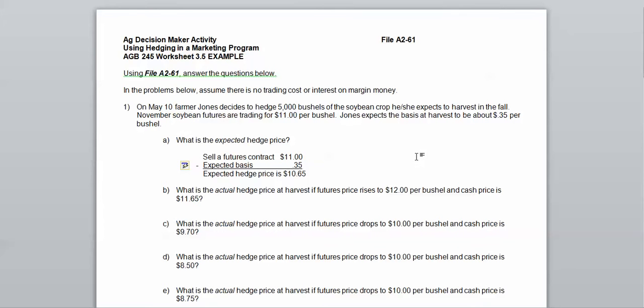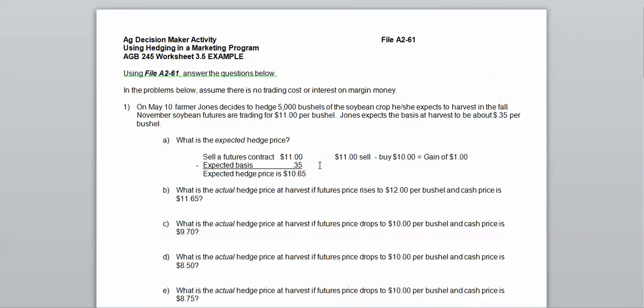Now, why is this the case? Because if we had sold a contract for $11 a bushel, and let's just say we have to buy it back later, let's say futures price goes down to $10, so we buy that contract back at $10, that would be an overall gain of $1 a bushel from the futures trade.